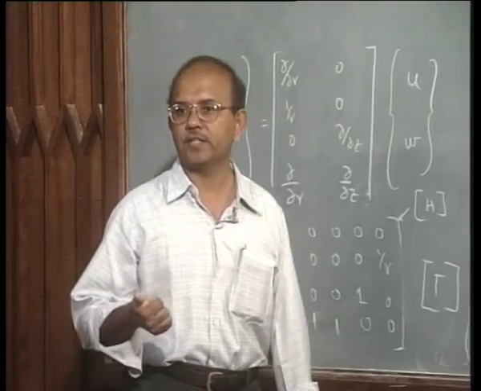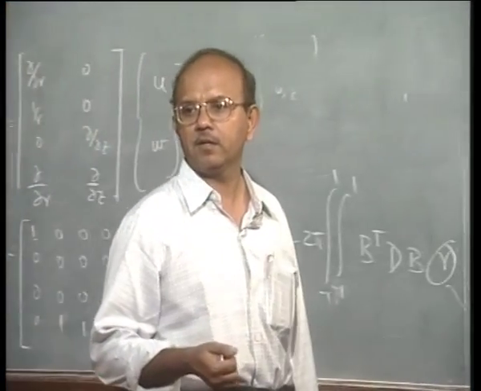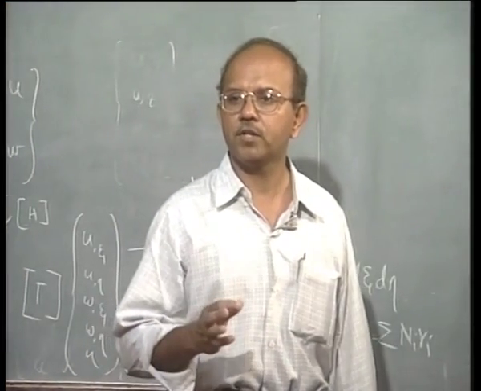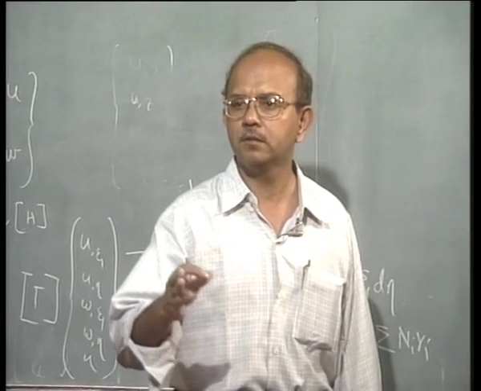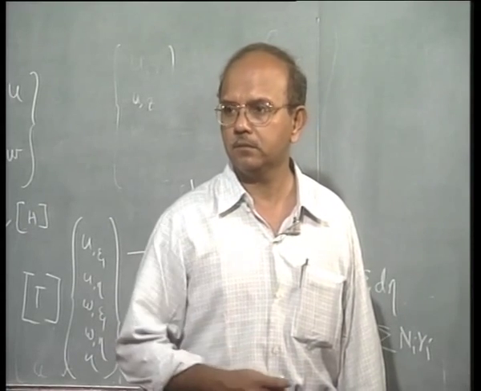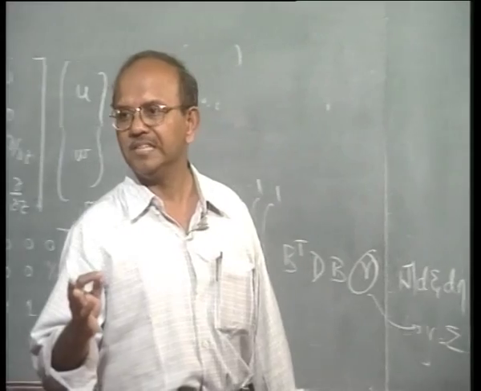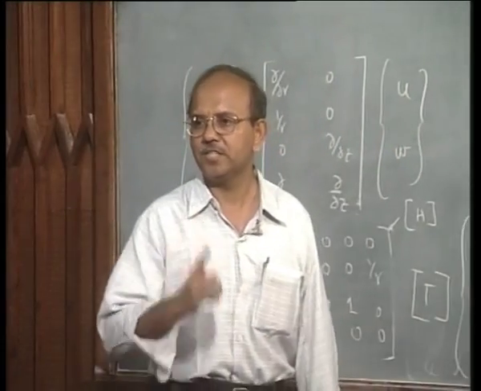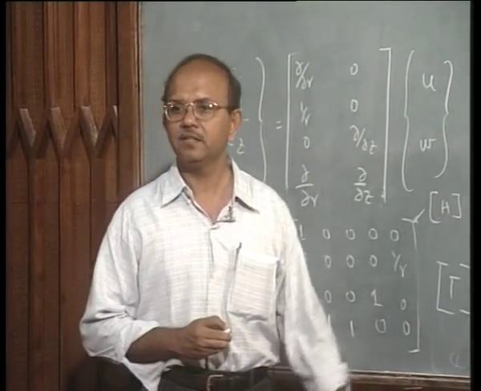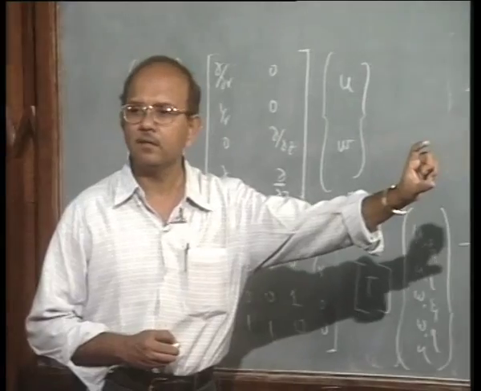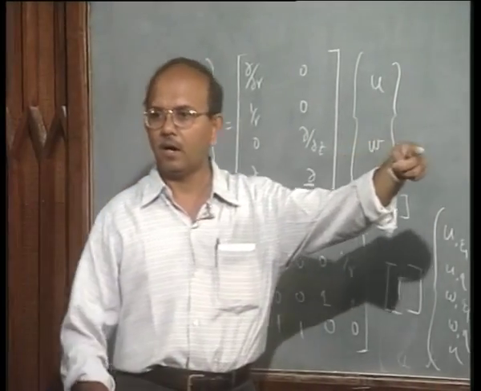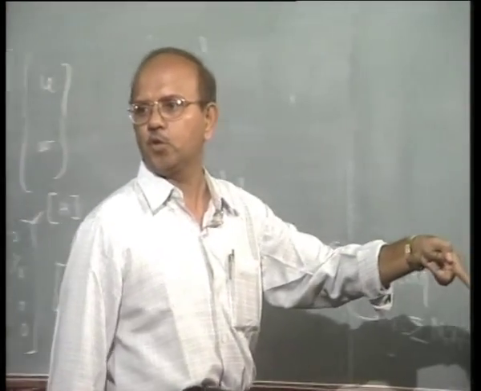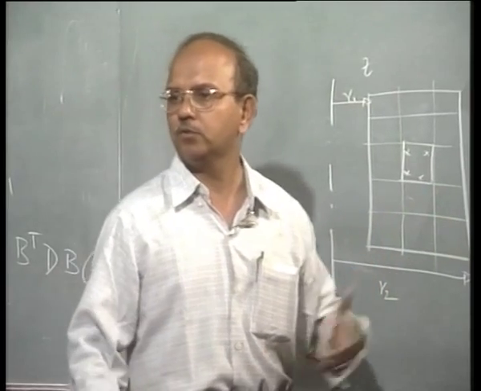So for example, if you are looking at pressure, N transpose P into ds. What is ds in this case? Say length of the element into r d theta, integrated from 0 to 2 pi. So r L it will become, and 2 pi will go out.